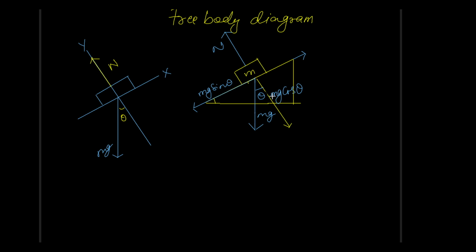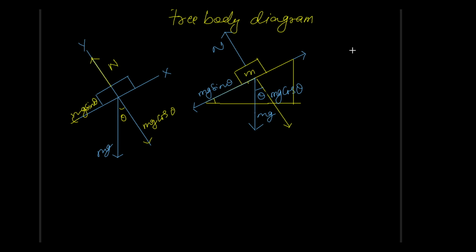So mg cos theta and mg sin theta make an angle of 90 degrees with each other. If I make this one out here, you will know this will be your mg cos theta, and in this direction we have your mg sine of theta.